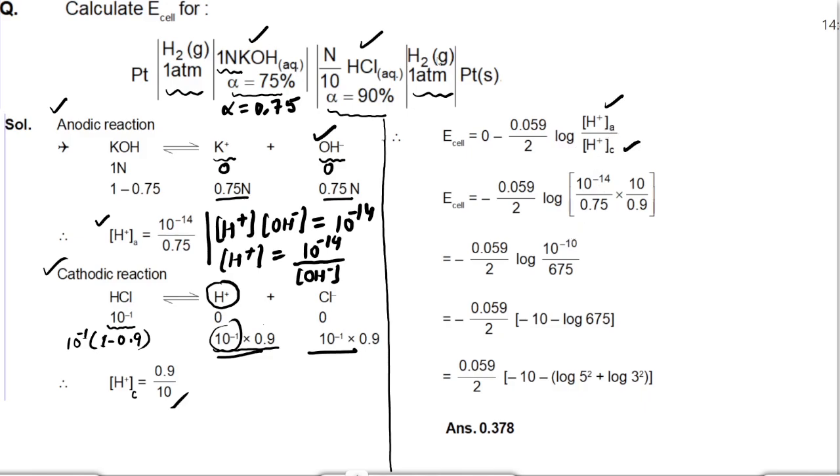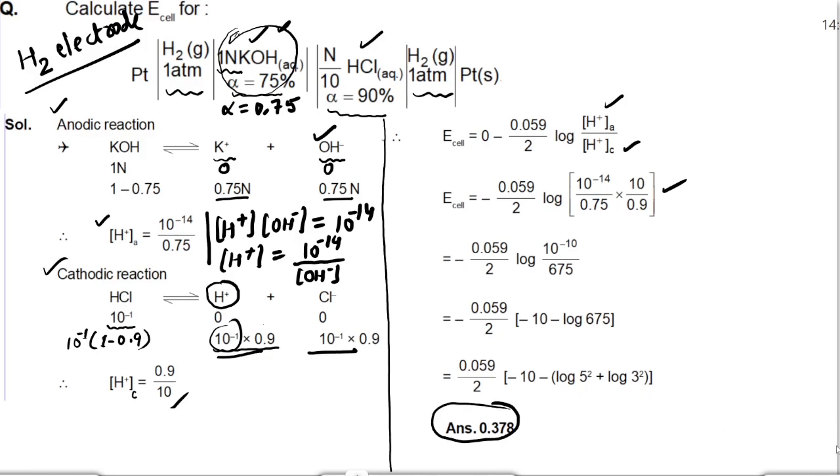And H plus, because see this side it is related to OH negative ion, okay, but we convert this OH negative into H plus to make the things symmetrical. So H plus anode divided by H plus cathode, because both are hydrogen electrodes. So there is equilibrium between H plus and H2. So this is the case, and by solving we get the final E cell.